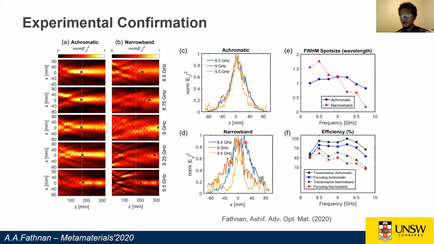The achromatic metasurface has a more constant and consistent spot size than the narrowband metasurface. In terms of efficiency, the achromatic metasurface reaches 80% focusing efficiency, whereas the narrowband metasurface only achieves a maximum of 50% efficiency within the considered bandwidth.